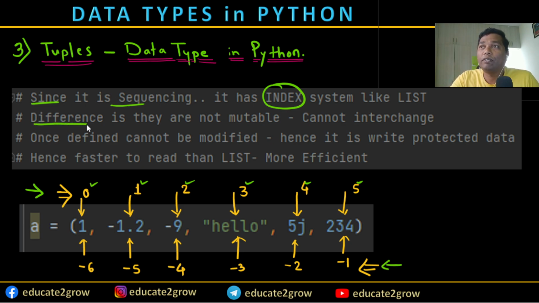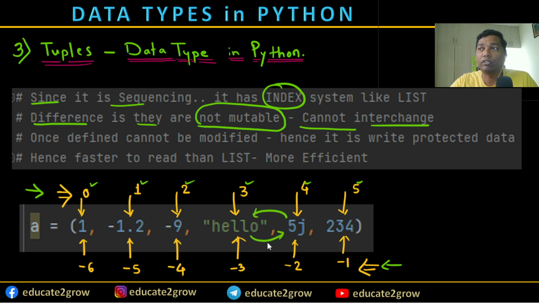Next, the difference is that they are not mutable. This is very important. What do you mean by mutable? Not mutable means it's immutable, it cannot be changed. Earlier we could change a value here, or bring a new value here. That is not possible here.